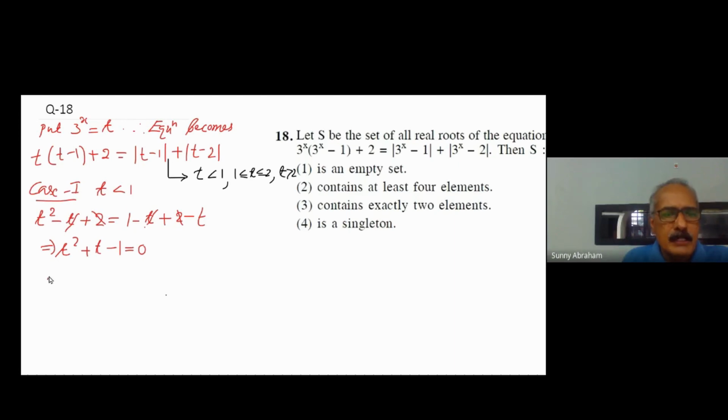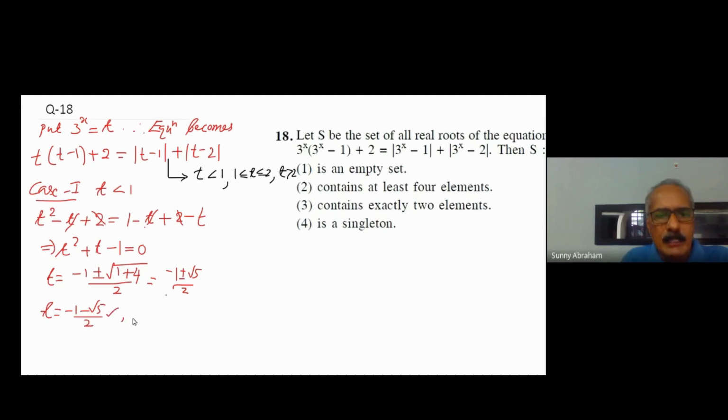We solve: t = (−1 ± √(1 + 4))/2 = (−1 ± √5)/2. And minus 1 minus root 5 by 2 is negative, which is smaller than 1. So t = (−1 − √5)/2 is an admissible value for t less than 1.